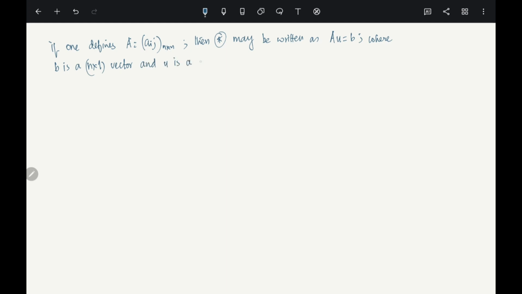If one defines A to be the matrix (a_ij), this will be an n cross n matrix, then star may be written as A u equals B, where A is an n cross n matrix, this is given, B is an n-dimensional vector, and u is an n-dimensional unknown vector. Clear? So basically this can be written in short form like this.